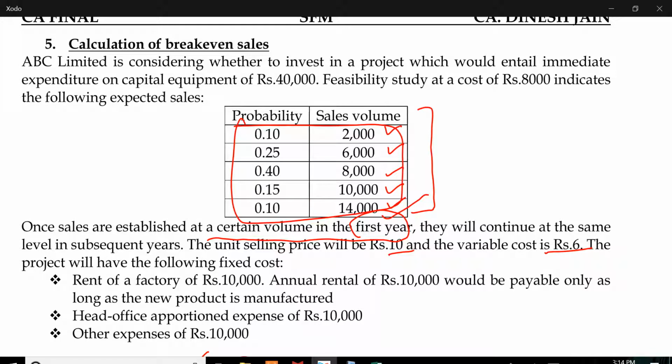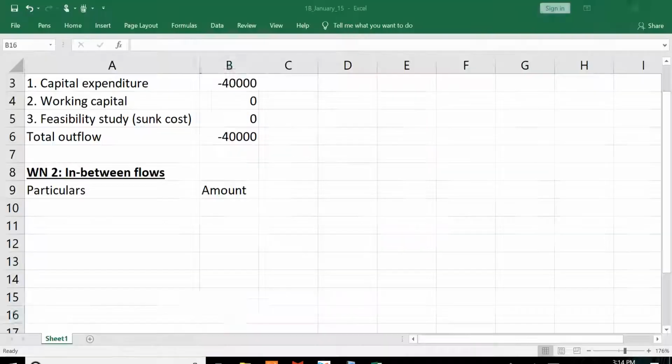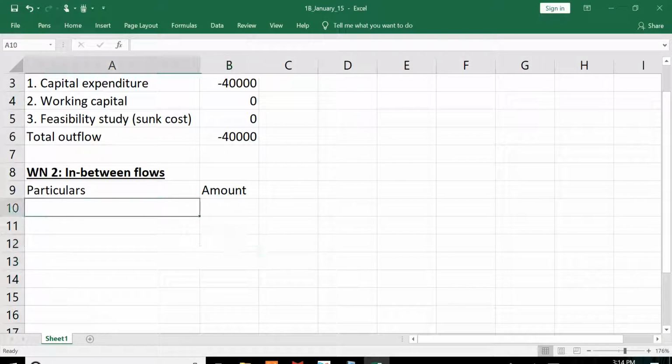In the calculator, 0.10 into 2000 equal to M plus, do a weighted average. 0.25 into 6000 equal to M plus, 0.40 into 8000. You will do a weighted average and get one volume. How much? Okay, so that is the units which we are going to sell.